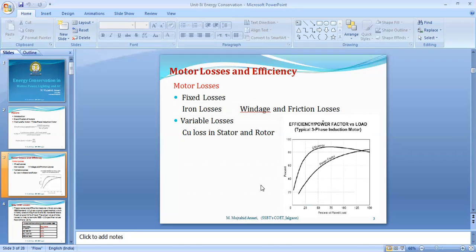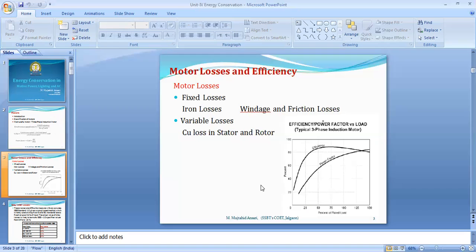The reason is that the frequency of the rotor EMF induced is only 2 hertz or 1.5 hertz. The meaning is that the rotor frequency is slip times supply frequency. So when the frequency is very small, the iron losses are negligible as compared to the copper losses. So iron losses take place in the stator part, that is the stationary part.